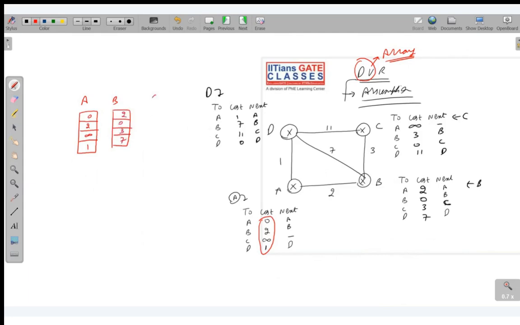So who is receiving this? D. D will receive distance vector from A, B, and C. In round 1, D will receive distance vector from these 3, C will receive from these 2, and so on. And from C, what will it receive? Infinity, 3, 0, 11.